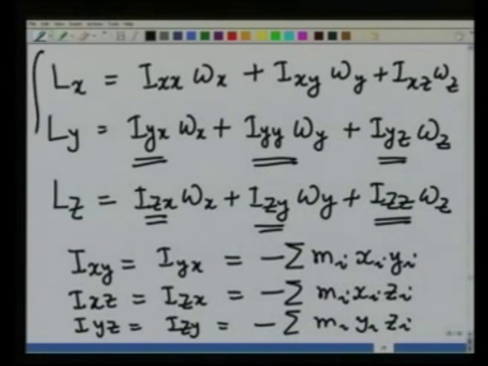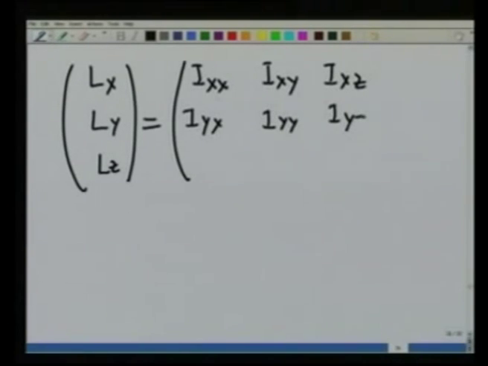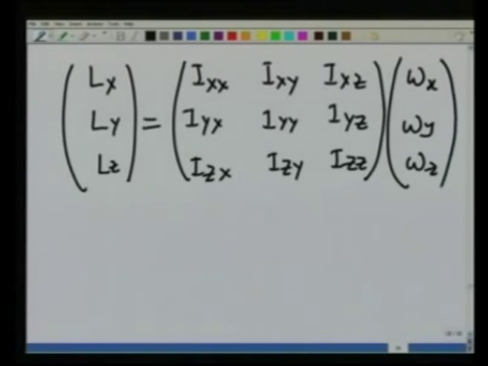In general, this relationship can be written as a matrix multiplication: the vector Lx, Ly, Lz, three components, is equal to the matrix Ixx, Ixy, Ixz, Iyx, Iyy, Iyz, and Izx, Izy, Izz, times omega x, omega y, omega z. And this matrix is known as the moment of inertia tensor.